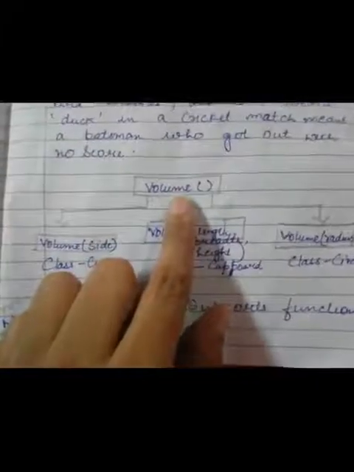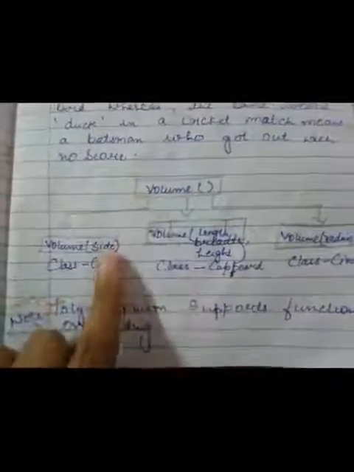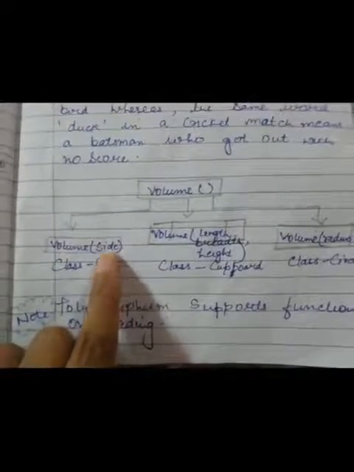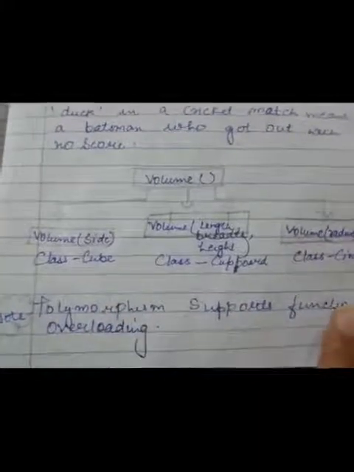In the same way, volume is a function. There is a different parameter: here side, here length, breadth and height, and here radius. The classes are cube, class cuboid and class circle. So there is a very special note, polymorphism supports function overloading. Function overloading means using the same function name but different arguments. The things inside the parenthesis are called arguments.